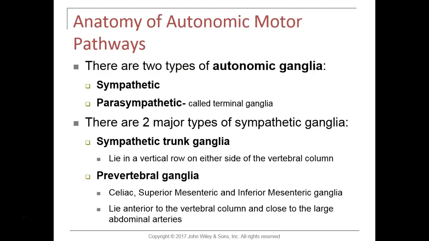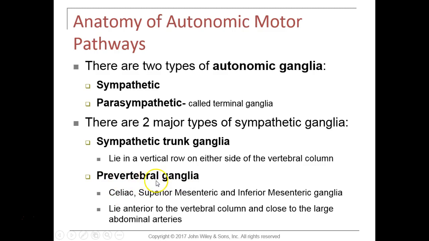The other types of sympathetic ganglia, which lie on the outside of the trunk, more towards the anterior side of the body, typically by large arteries, those are called prevertebral ganglia or collaterals.